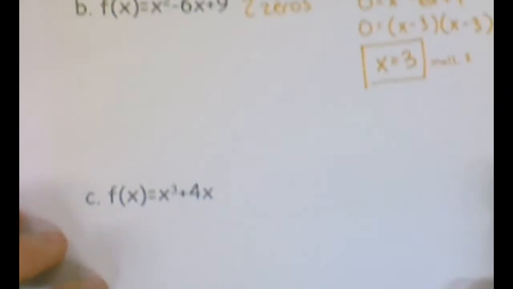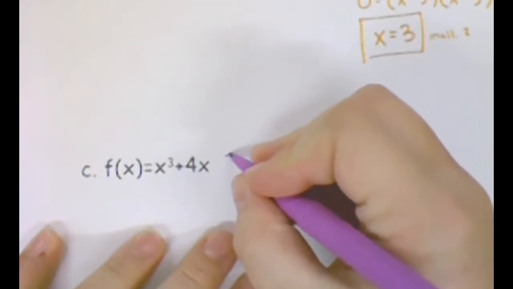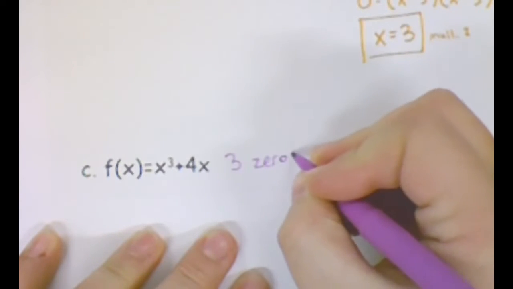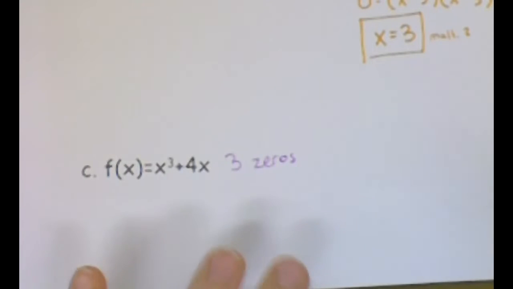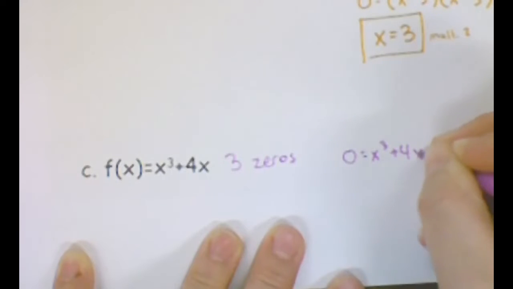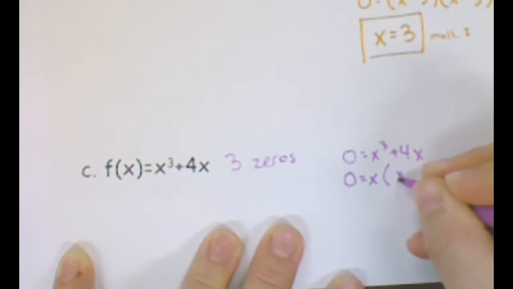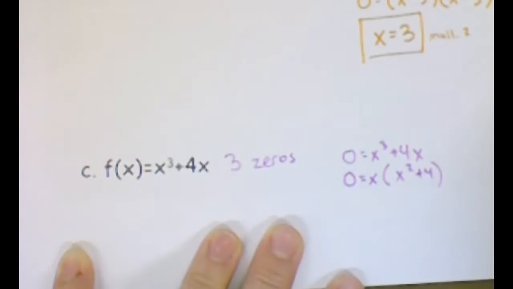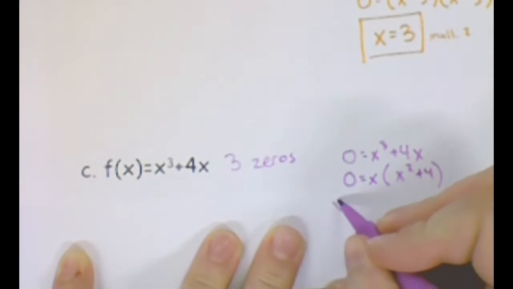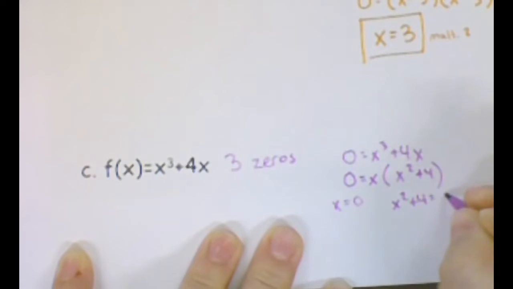All right, for our next one, we have x cubed plus 4x. Well, the degree is 3, so there are 3 zeros. So I set it equal to 0, and I try to solve for x. For this one, I would factor out an x, leaving me x squared plus 4. And then we have x equals 0, and x squared plus 4 equals 0.